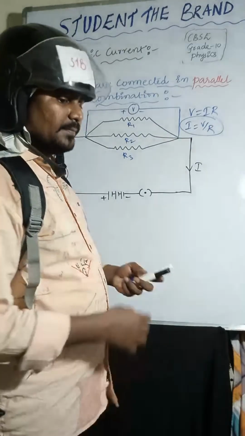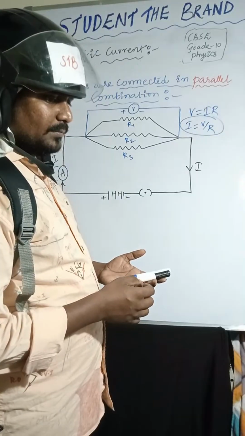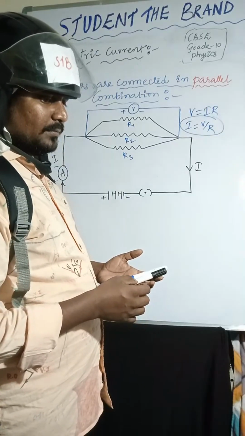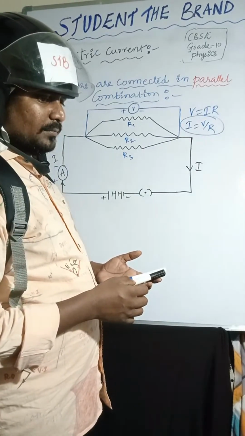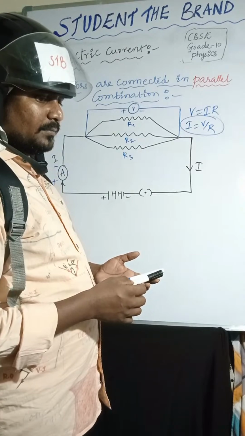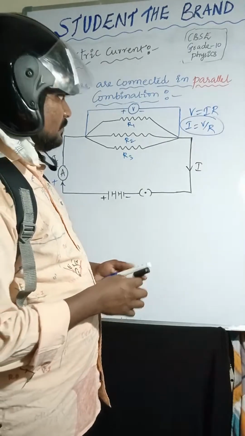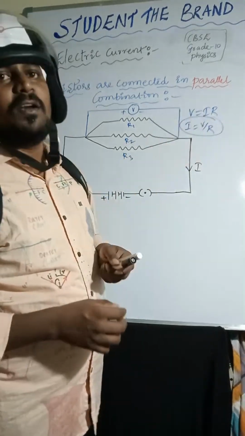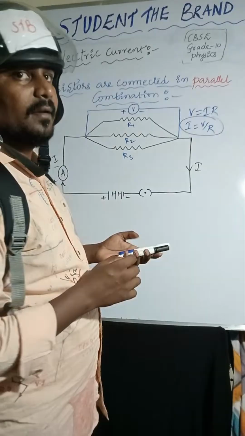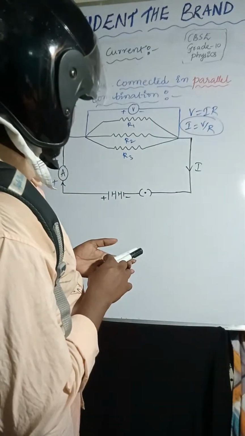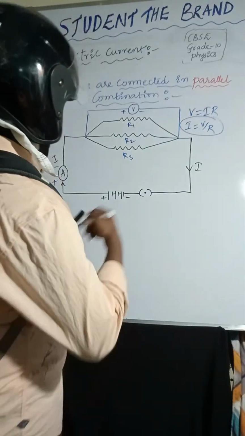V equal to IR, I equal to V by R. Right? Yes. Now we can see here.